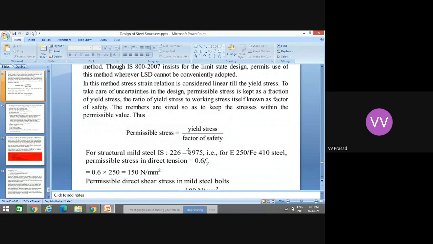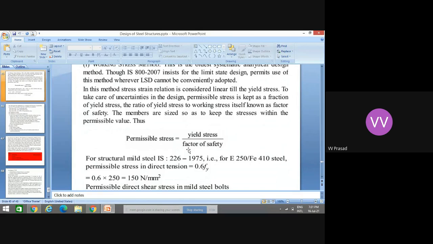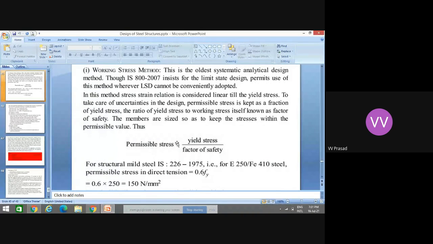So wherever working stress design is difficult to implement, in those circumstances only limit state design is applicable.